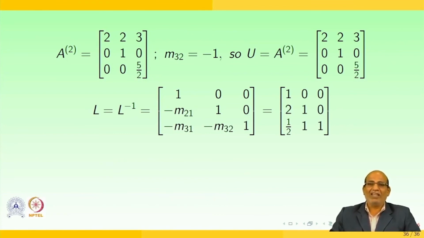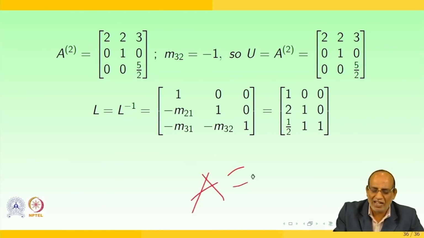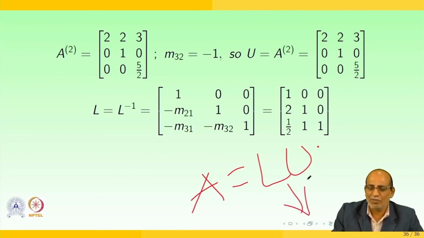But remember that LU decomposition is not always possible. If certain conditions hold, then we can write A as L into U. Otherwise, not necessarily all the time can you make it a product of two matrices.